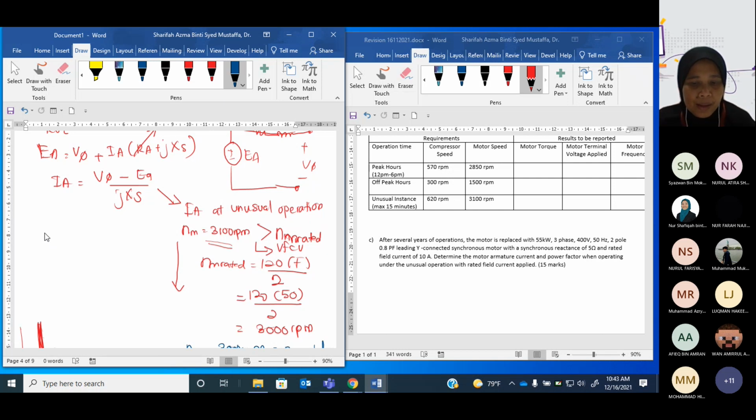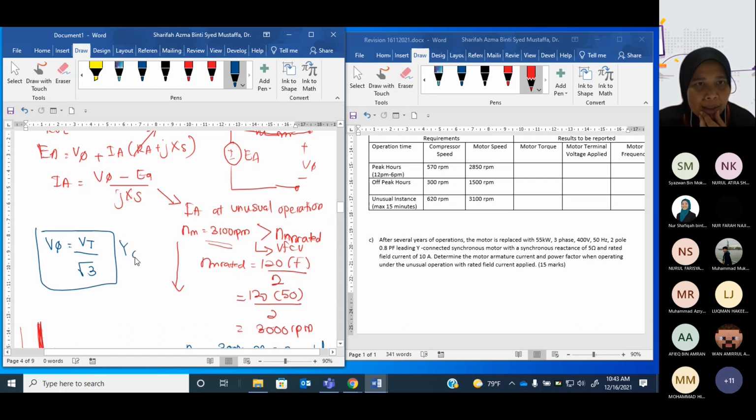Berapa V phase? Equal to, because it's Y connected, right? Y connected synchronous motor, V phase will be equal to V terminal over √3. Yes. Sebab dia Y connected.